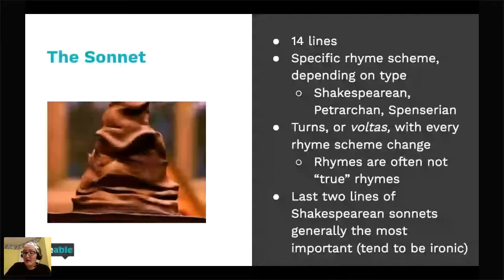Versus today, that's not as important because a lot of people are literate, and we don't necessarily need to memorize things anymore. That's what rhyming does for us too. So hopefully that answers the question. Yes, it can totally tell you about the time period.